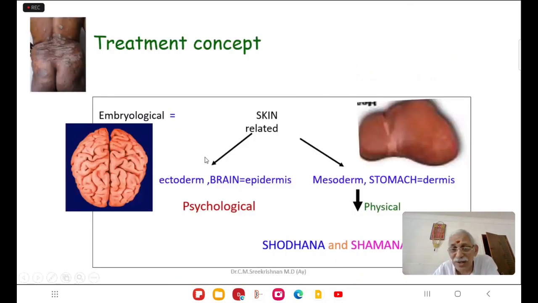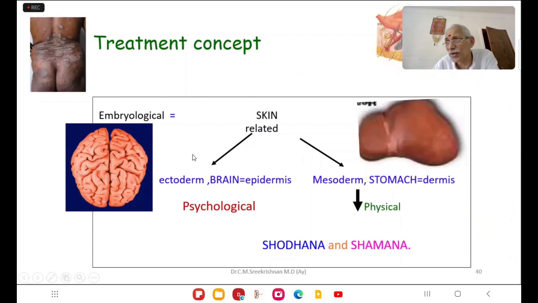So, on the treatment side, because that is the lifestyle and the etiology, in the treatment the same lifestyle should be changed. One thing I told you, skin is very much related to the brain and intestine. Secondly, the epidermis develops from the ectoderm, from where the brain is developed.